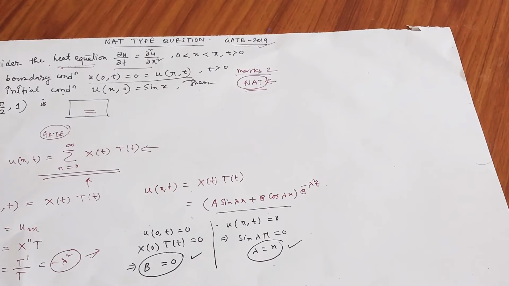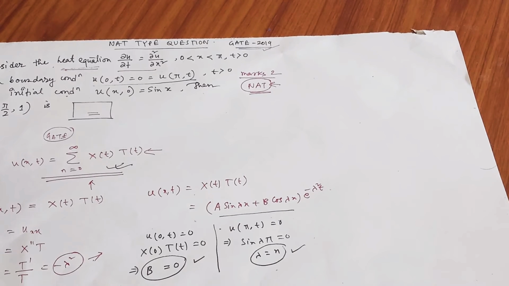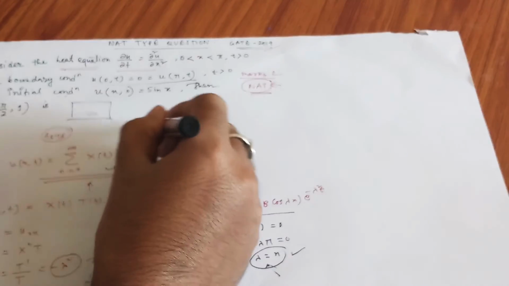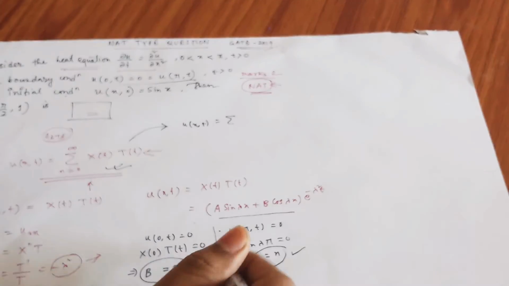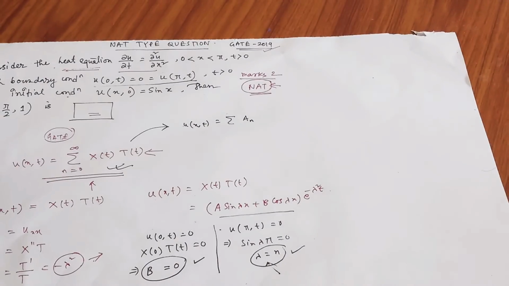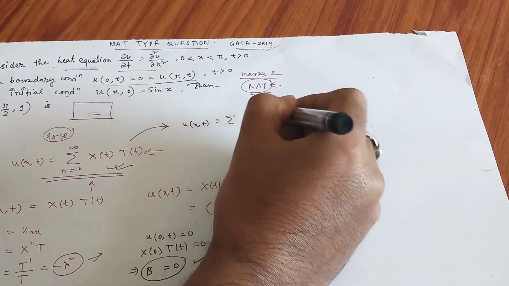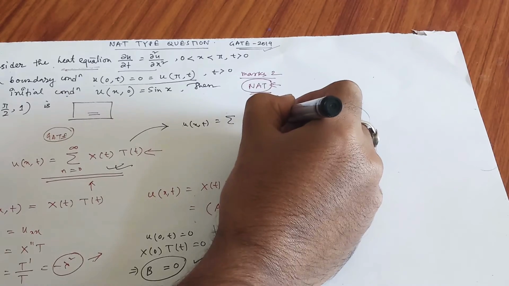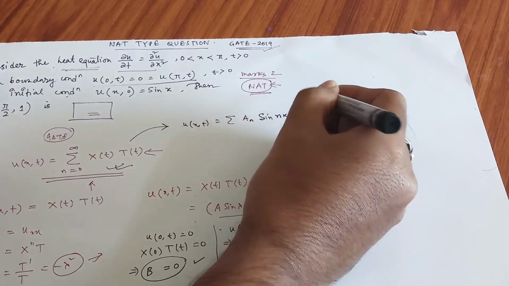Okay, now we are all set to use this formulation because we have got lambda in terms of n. So your u(x,t), b will be 0, so a will be a_n, sin lambda x was there earlier, so sin nx will be there, and e to the power, in place of lambda square, it will be n square into t.